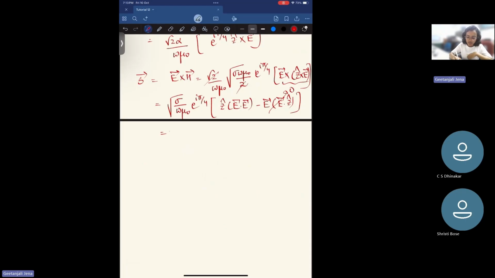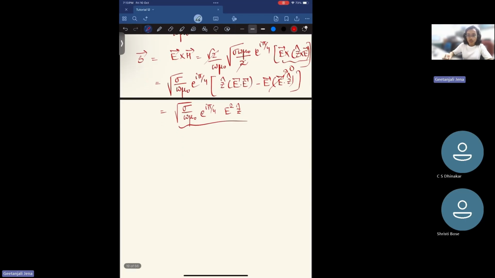Let me write it again. So are the steps clear? Let me know if you are getting any other answer. This is the S that we'll get. For the average over time, we can use the formula.